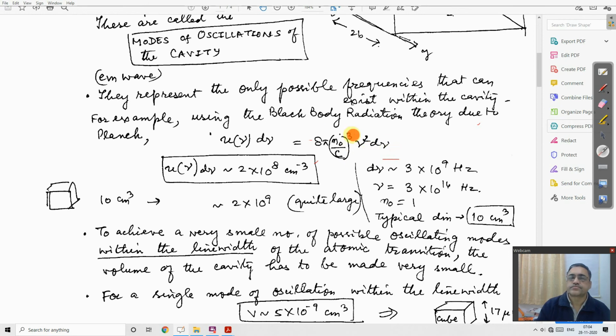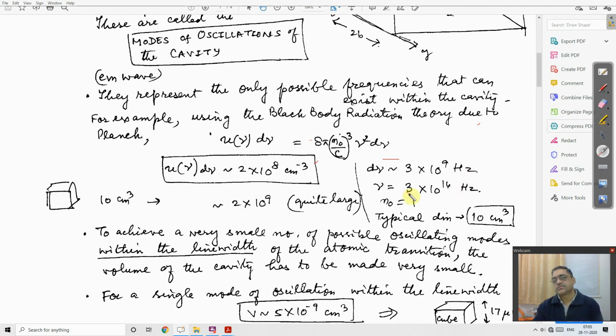So if we put the velocity of light in place of c, n naught we assume 1, and nu is equal to 3 into 10 to the power 14 hertz in the visible range, then d nu must be 3 into 10 to the power 9 hertz.